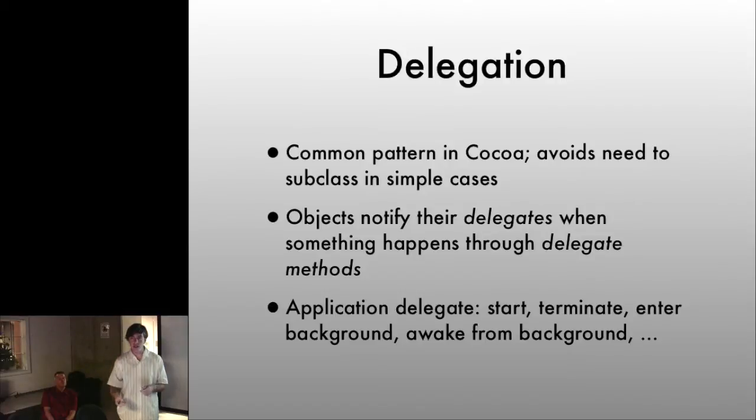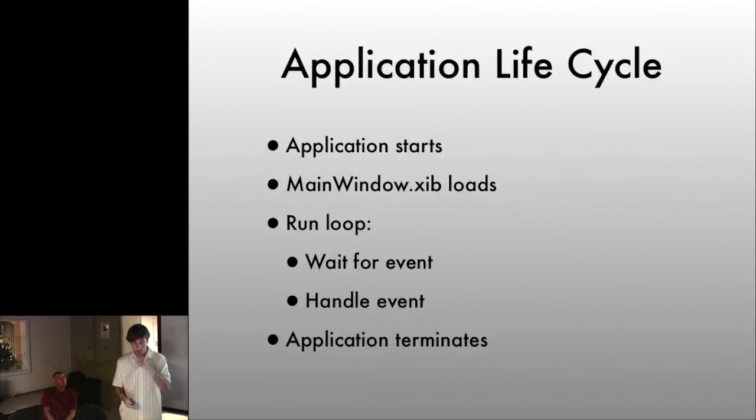When it returns from the background state, when it resigns active, when it regains active, all those methods get called on it. Prior to iOS 4, it would call terminate when the user quits. It doesn't really quit anymore. Since iOS 4, everything just kind of goes into the background. There really isn't the concept of quitting anymore. But those are the methods that get called on your application delegate.